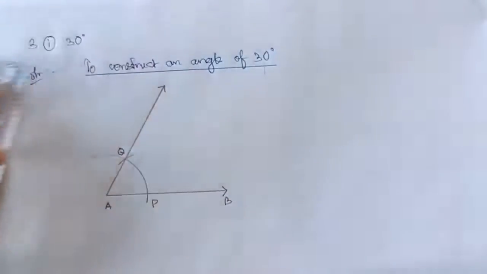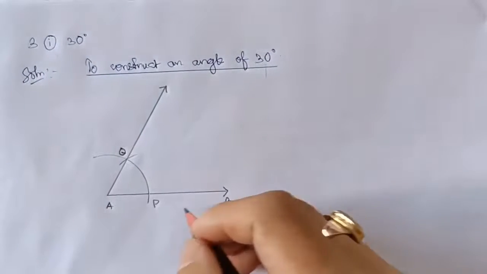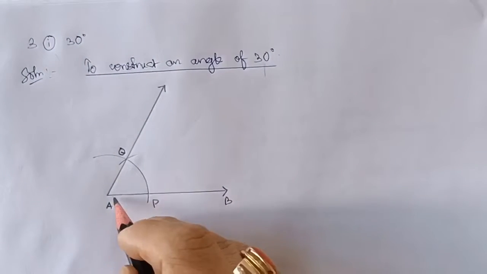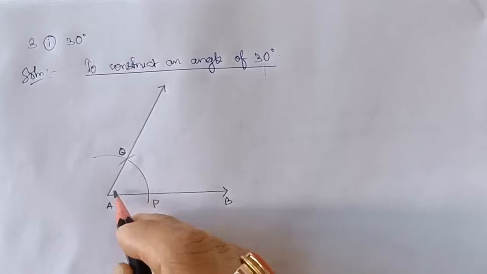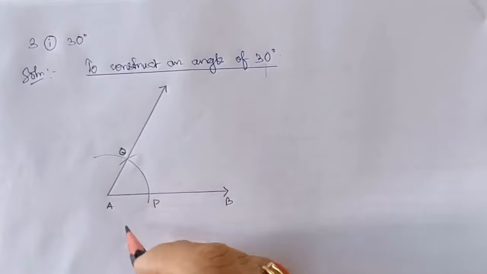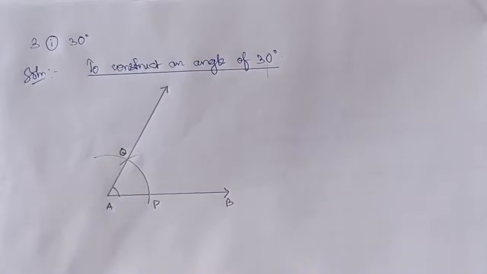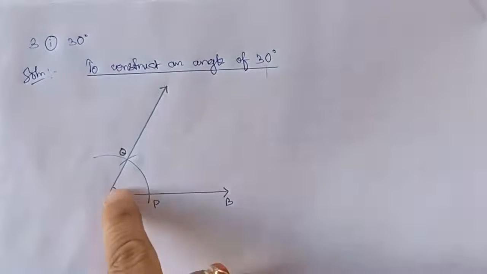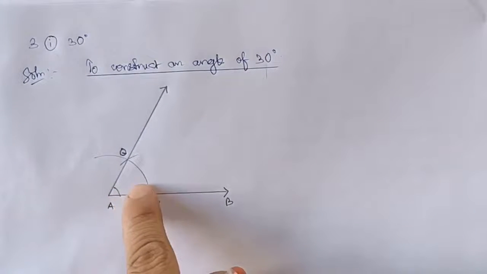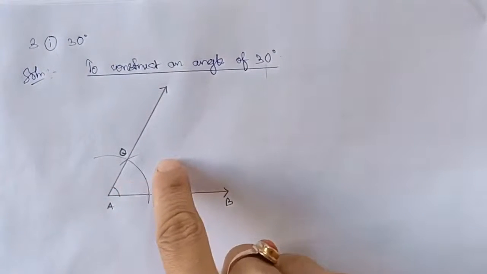Now you know that this particular angle will be of measure 60 degrees. Now if we draw the angle bisector of this angle, then the angle that we obtain will be equal to 30 degrees.